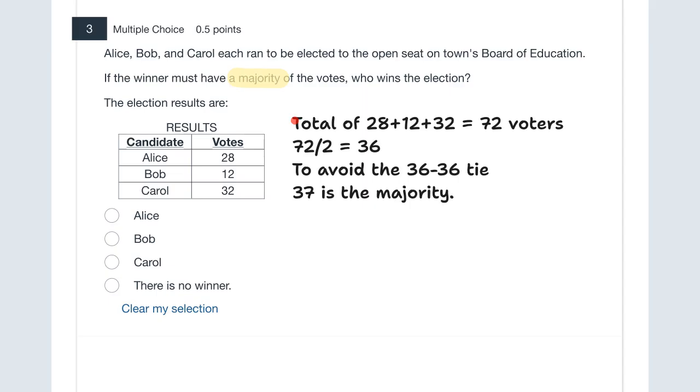And in this case here, since no one has 37, okay, there is no winner. So since there's no winner, this is going to have to go to a runoff, but the initial stage, there is no winner.